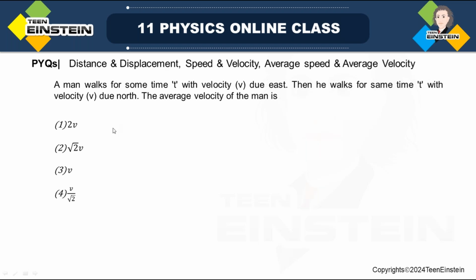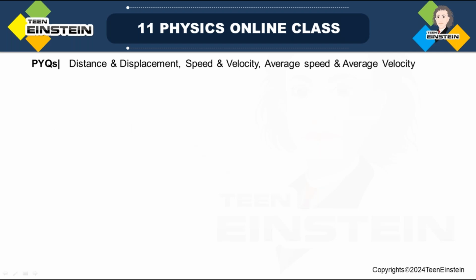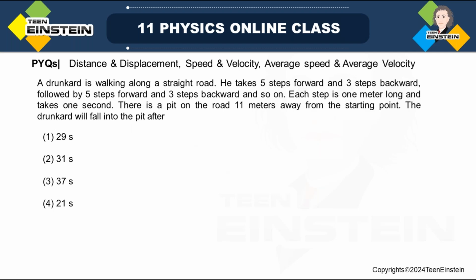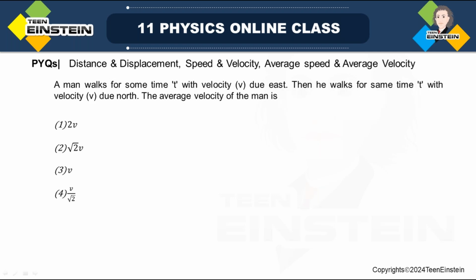Okay, now this question. Yes. So what is this question saying? A man walks for some time t with velocity v in the due east. Let me then draw the map over here.